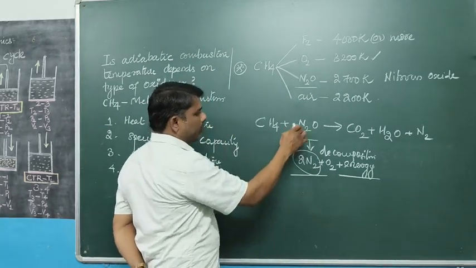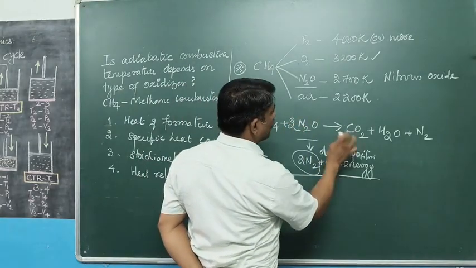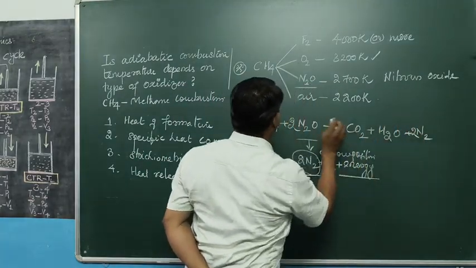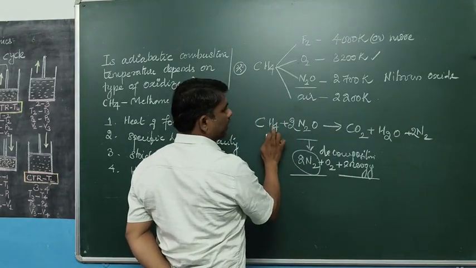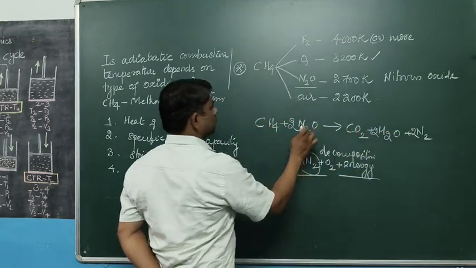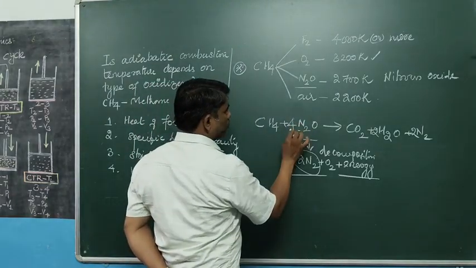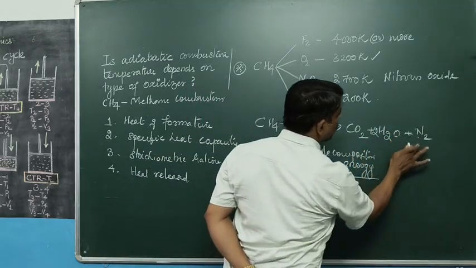This is stoichiometrically balanced: CH4 plus 4N2O gives CO2 plus 2H2O plus 4N2. Carbon 1, hydrogen 4, nitrogen 4, oxygen 4. So this is 4 N2.